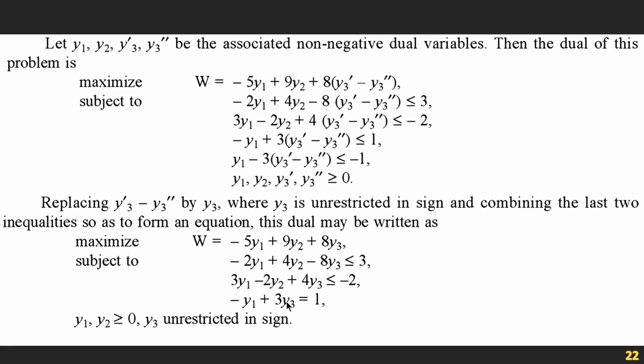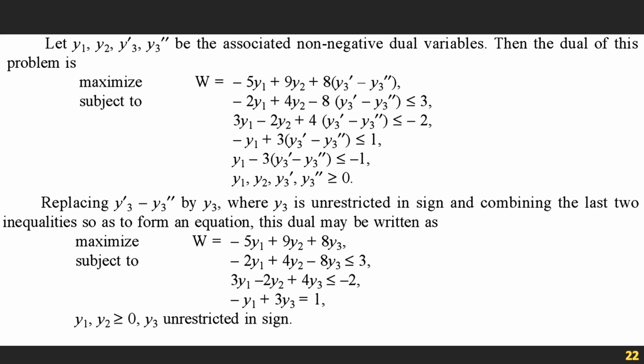So that is what I told: if there is an equation in the constraints of the primal, then in the dual the corresponding variable will be unrestricted. And if in the primal itself the variable is unrestricted, then in the dual corresponding to that variable there will be one constraint and that will become an equation.